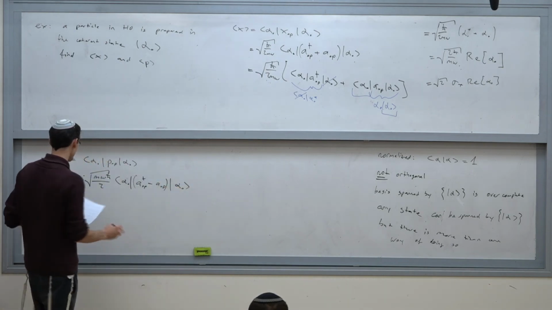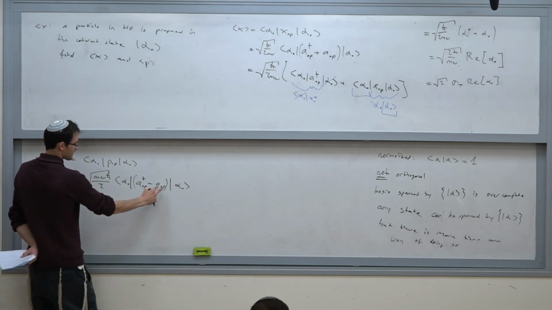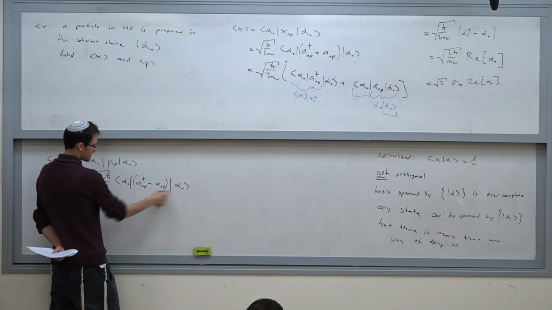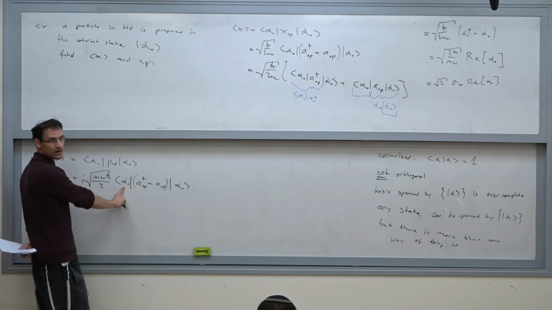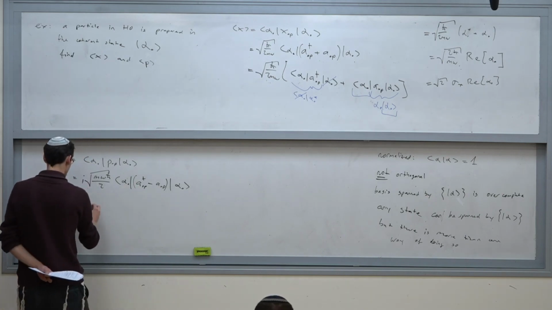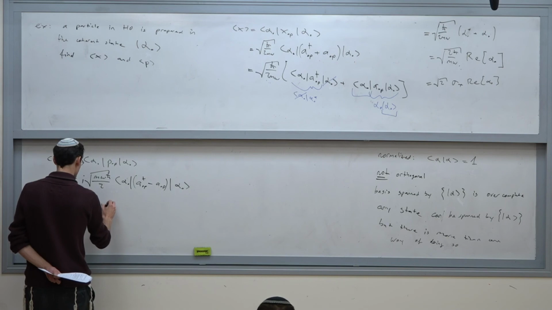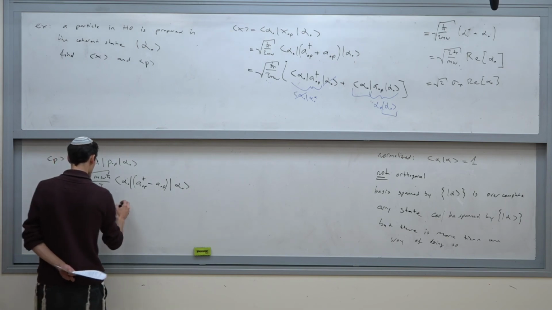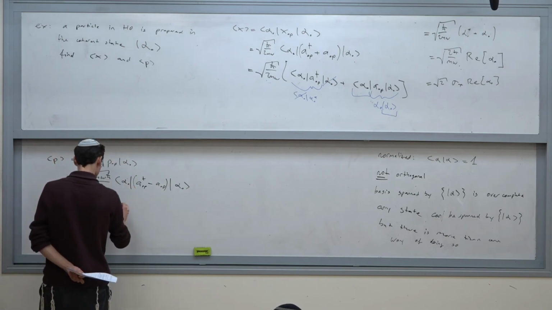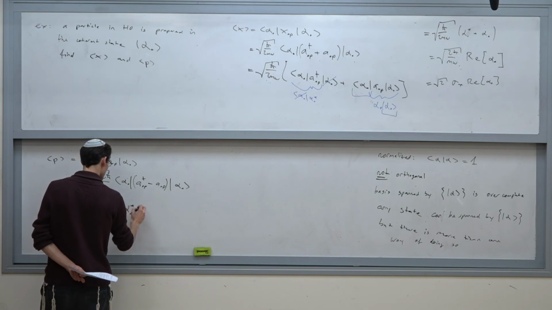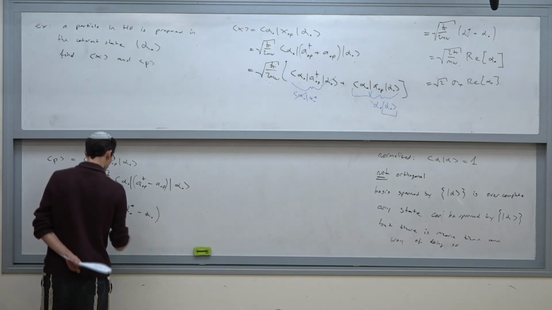And now use the same trick as beforehand. This a can act on here, and this a dagger can act backwards onto the bra. So we get i root of m omega h bar over 2 times alpha 0 star minus alpha 0.